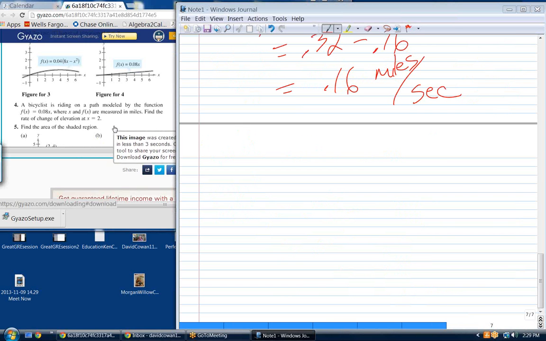Alright, let's see. Number 4. A bicyclist is riding on a path modeled by that function, where x and f of x. Same problem. What's the rate of elevation change at x equal 2? What kind of function is that? That's a linear function. Exactly. So f prime of x is equal to what?